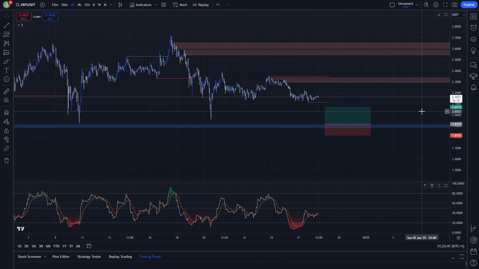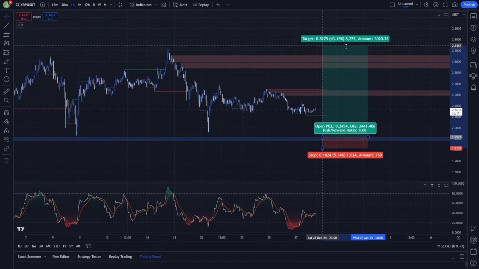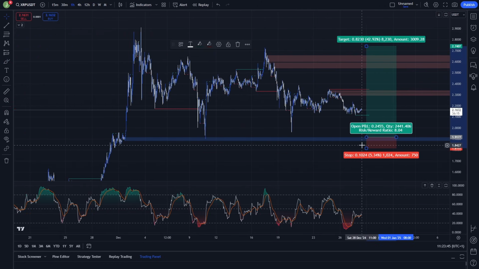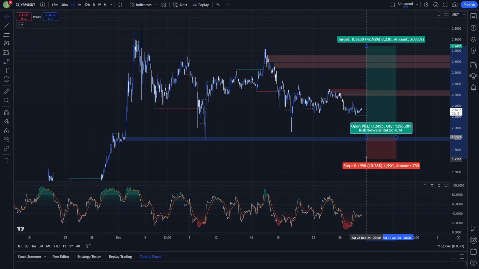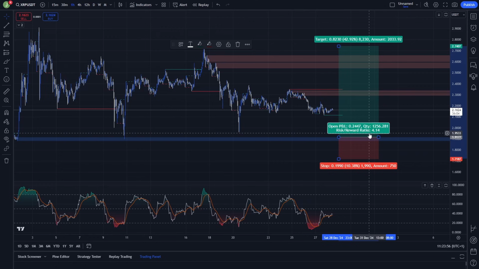Your last take profit target, again, you can place above this high, and the risk reward ratio will only depend on the stop loss that you take. For example, a 10% stop loss can be enough in case of a smaller liquidity grab, but the risk reward ratio will then be only like 4.1. So if you take multiple take profit targets, you will get a risk reward ratio of 3, which is much lower than the risk reward ratio in the previous trading scenario.